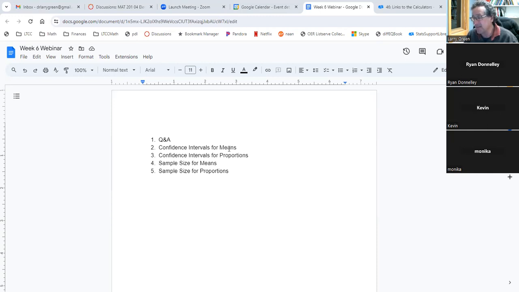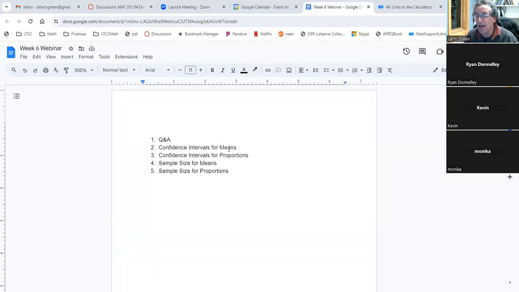So the idea is you do a survey and you get your sample mean, but the problem is your sample mean is probably not the same as the population mean. We know from last week that it's the best estimate for the population mean, but more importantly, is it a good estimate?